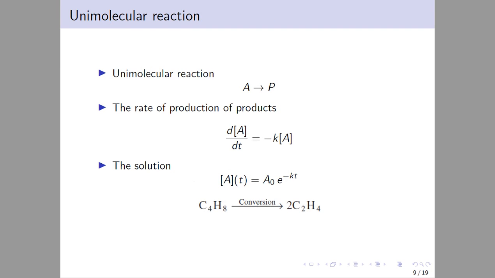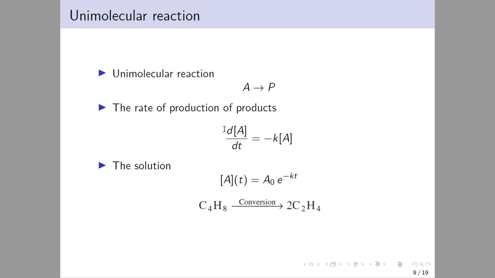Okay, so here we have the reaction again, changing from one molecule to another molecule, or one conformation to another conformation. Here we have a unimolecular reaction, A changing to P, producing the product P. The rate of production of the product we can write as dA over dt equals minus kA, where k is the rate constant for A becoming P. This shows how fast the product is produced.